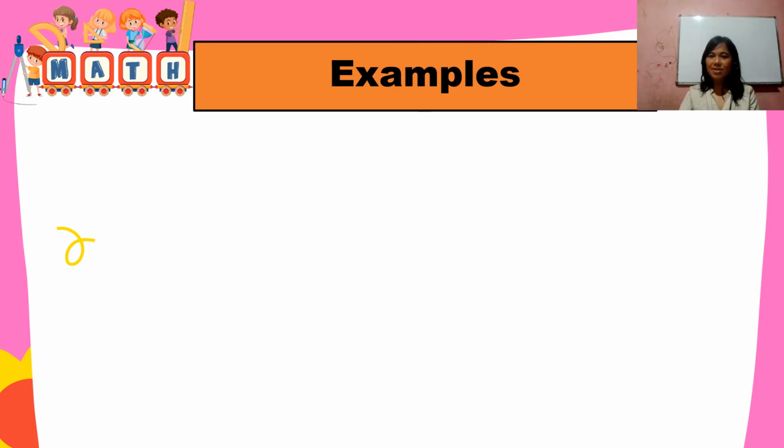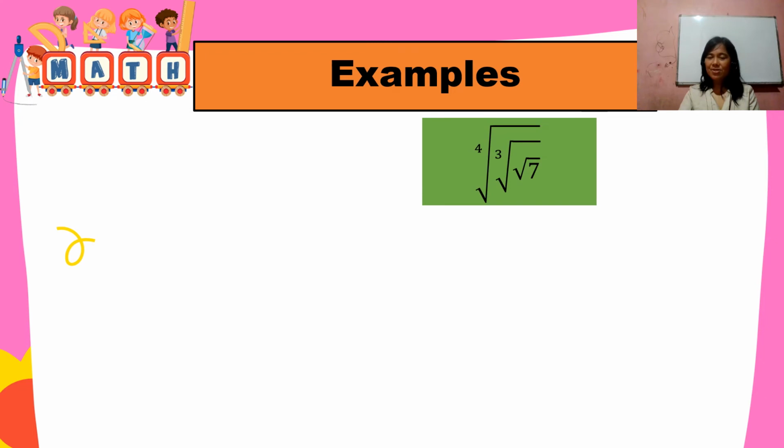Okay, so here's another example. So, sige nga, apply natin yung law of radical number natin, law number 4. So, ano ba yung mga exponents natin, indices natin? So, meron tayong 4, meron tayong 3, tapos, kasi tatlong radical siya, so meron din tayo ditong 2.